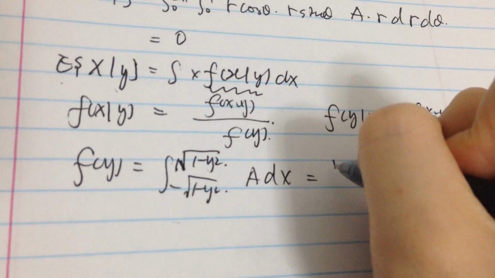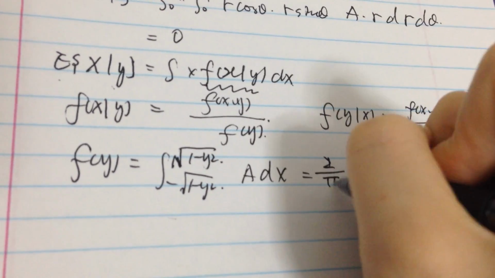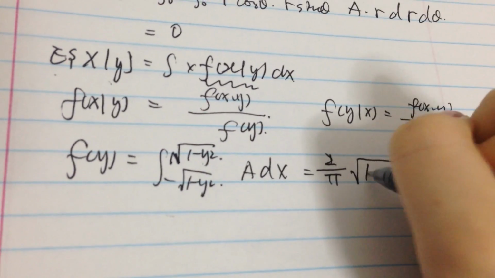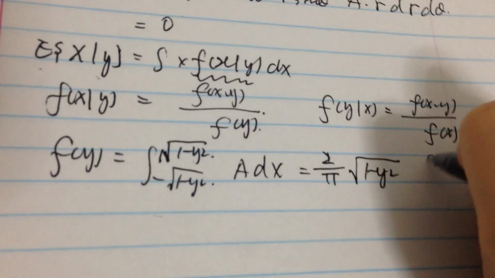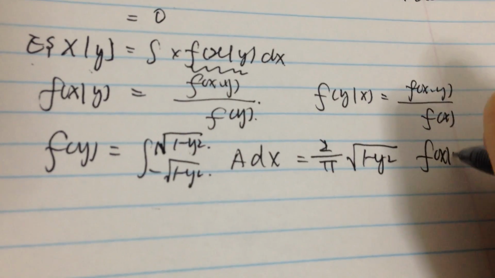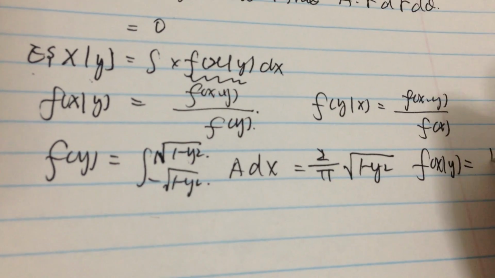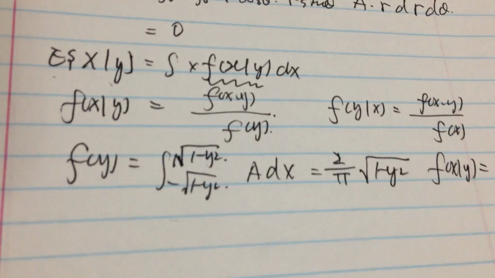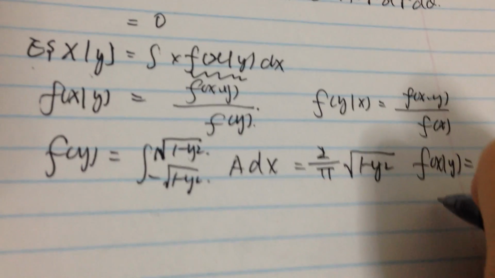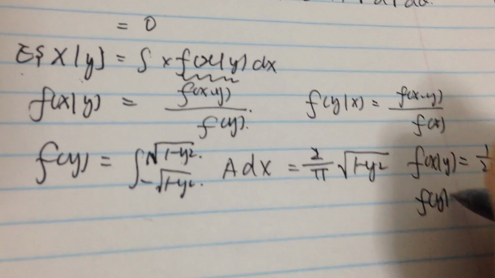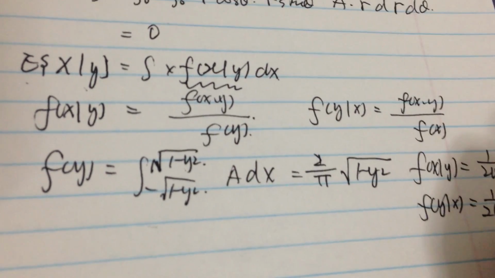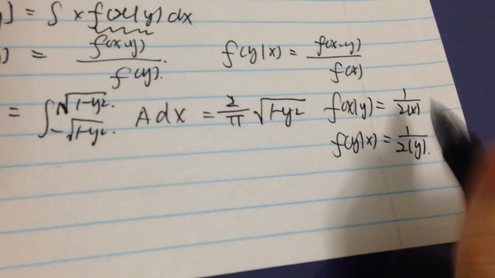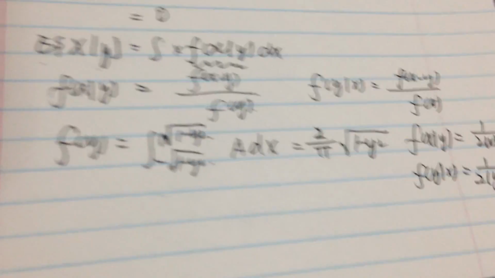We could easily get the result 2 by pi times. Here's the result, and obviously in a similar way we could get 1 by, here, this 2.